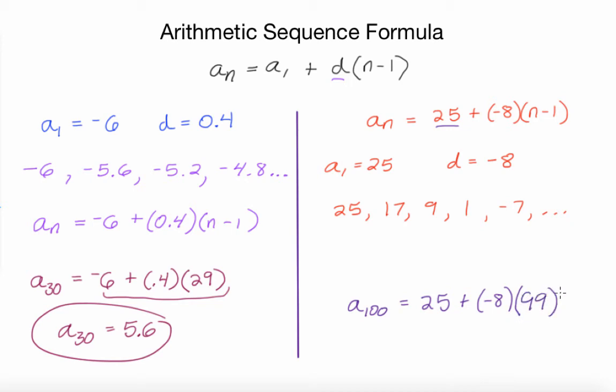Let's do that math here. -8 times 99 is -792, but I have the 25 starting value. So the 100th term in this sequence should be -767.